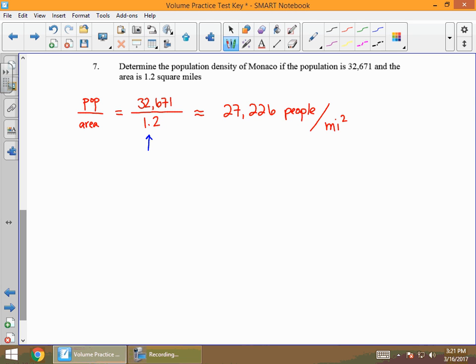I mean, Monaco is 1.2 square miles as it is. So when I'm finding how many people per square mile, that's how many people would be out in 1 square mile. Well, we see that there are 32,671 people in just over a square mile, actually 1.2 square miles. So I should expect that to be really, really high.